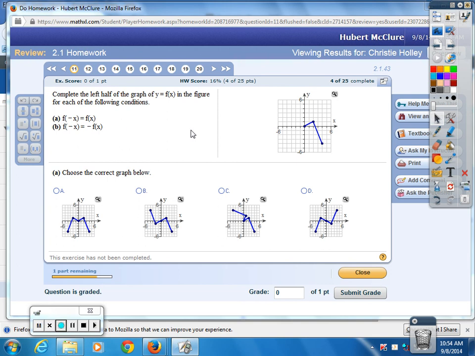A. So the function there is f of x. What would f of negative x look like if it was equal to that? Well, let's see. Let's take our handy dandy pre-algebra chart and let's look at the points for f of x. 0, 0, 2, and what? 1.